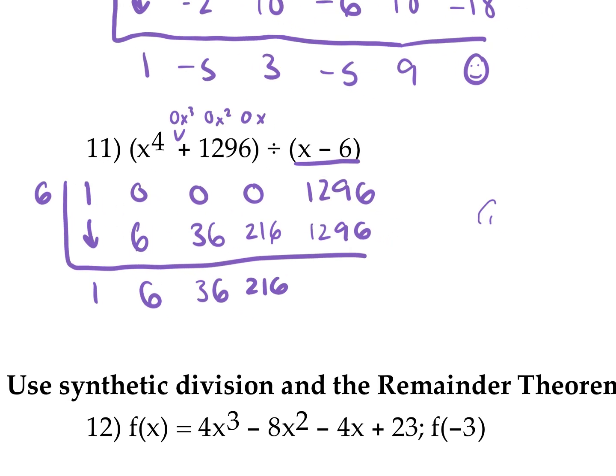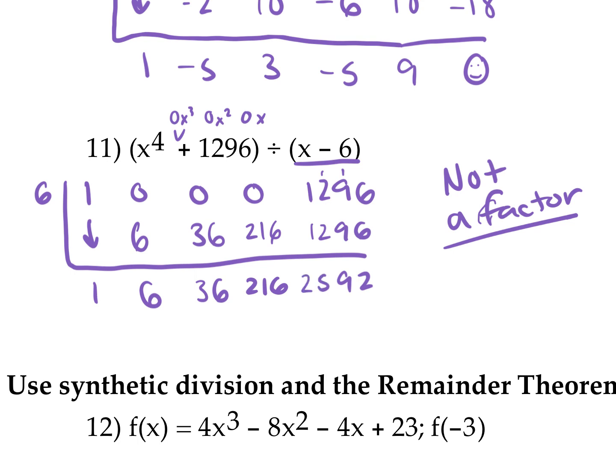So we would say not a factor. Because this ends up being 2,592, which is not 0.